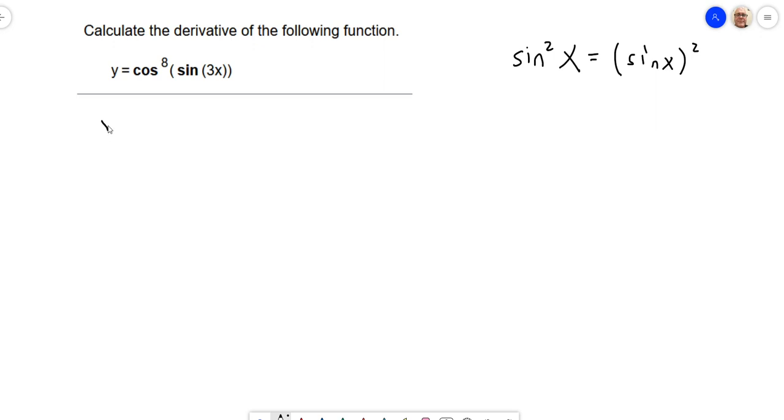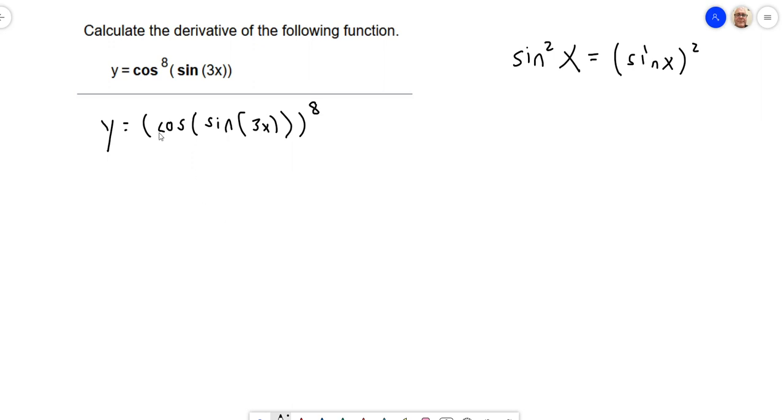The first thing I want to do is rewrite this as y is equal to the cosine of the sine of 3x, like this, and then we'll put the 8 all the way out here. And this lets us see it a little bit better.